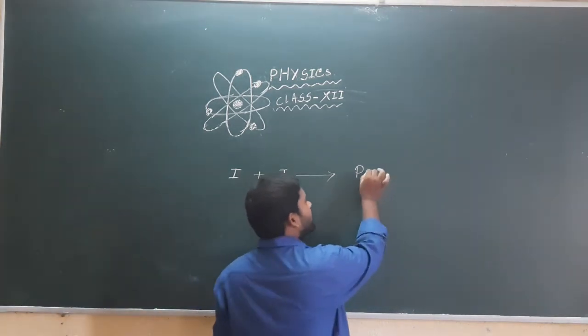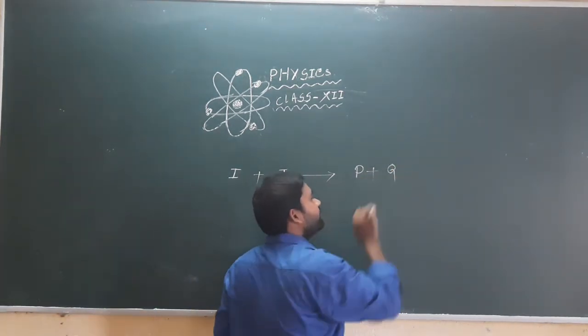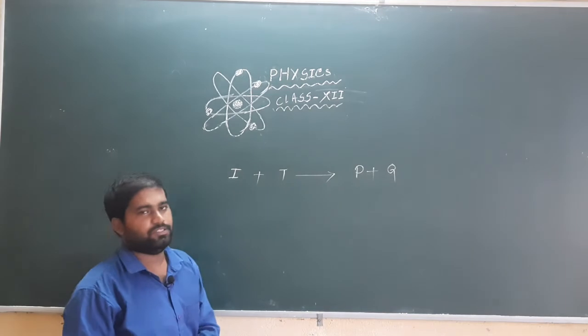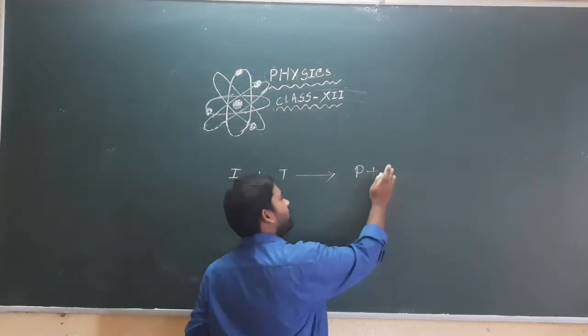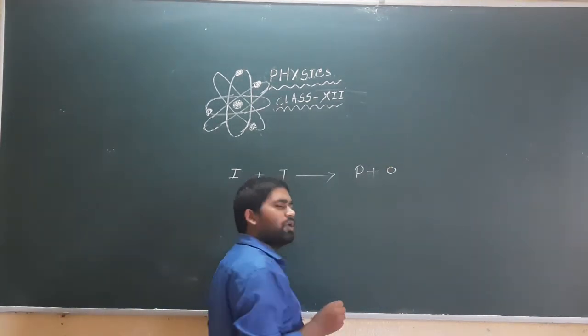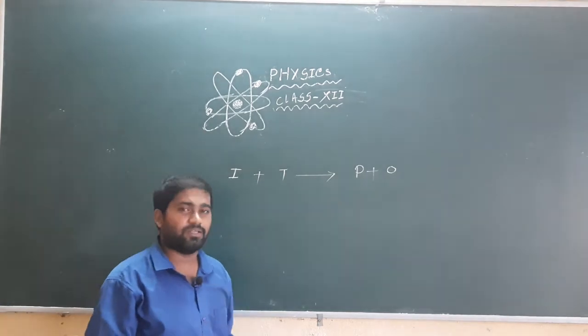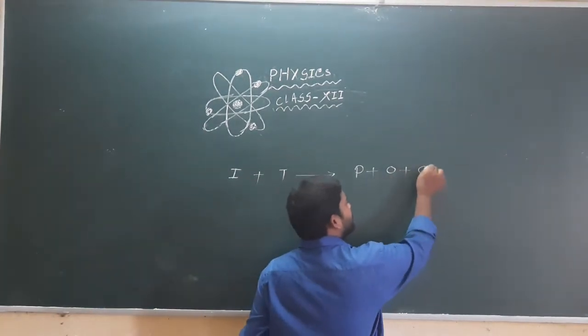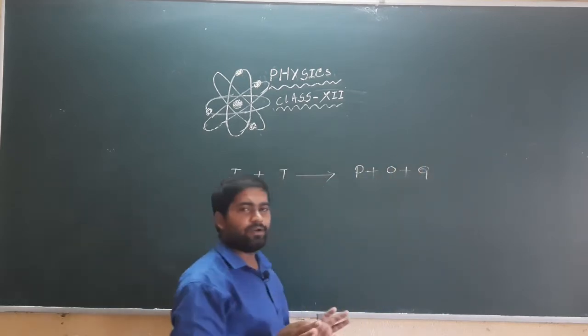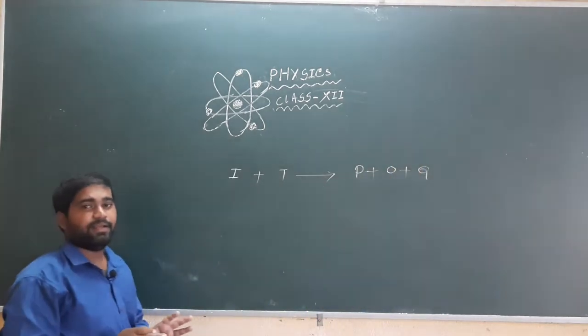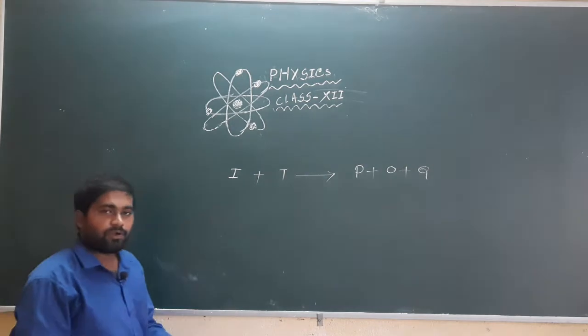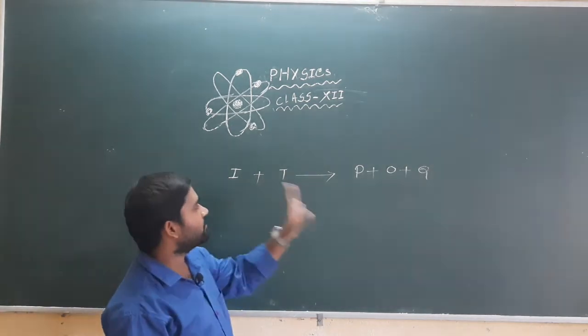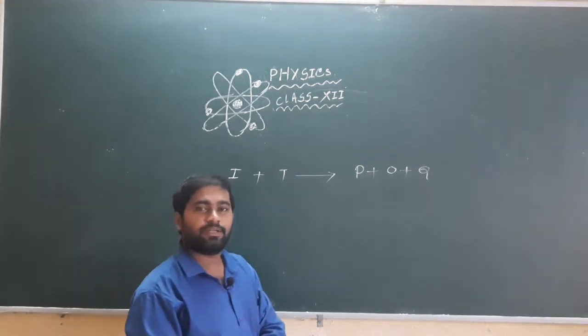This happens with the emission of some outgoing particles, or emission of gamma rays, and there is always some energy evolved or absorbed during this nuclear reaction.